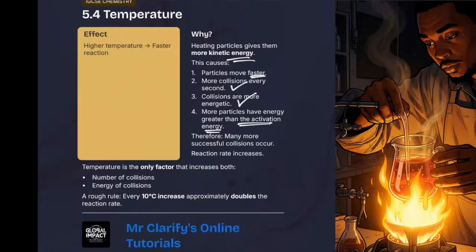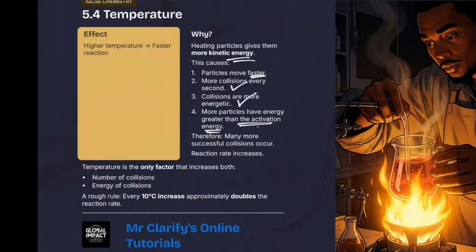It doesn't focus on number of collisions. Of course, there will be more collisions and more successful collisions. But the main reason why you will have more successful collisions is that more particles have energy greater than activation energy.